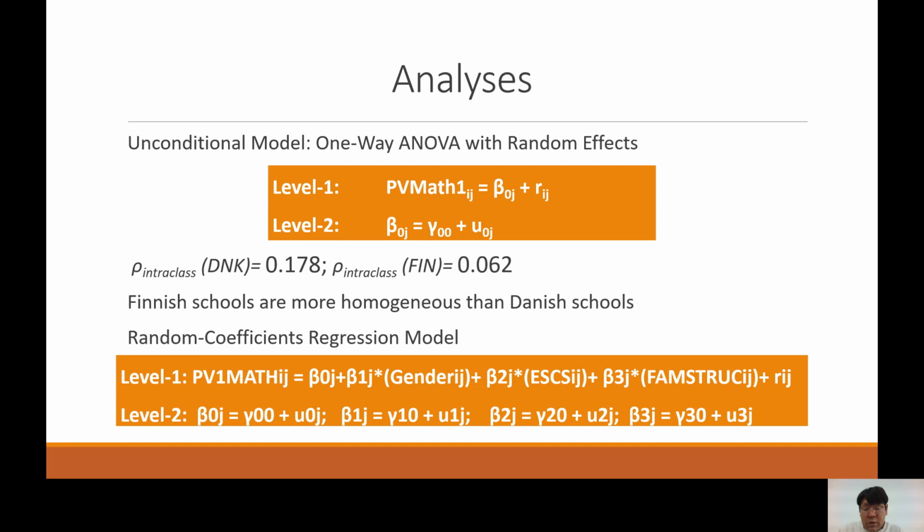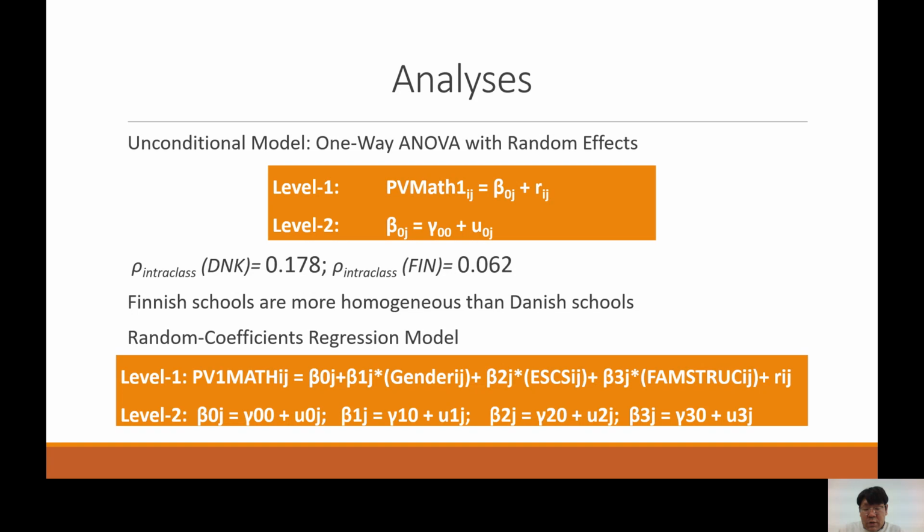So when a kid goes to school, there is not much difference for the kid in terms of which school he or she attends.